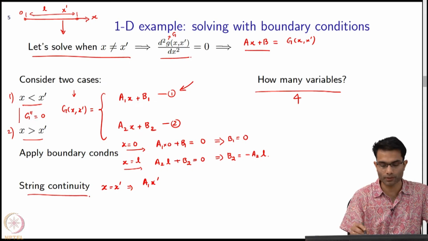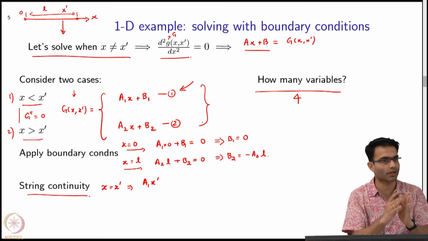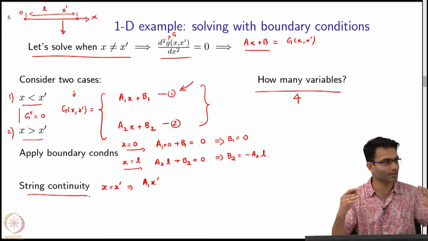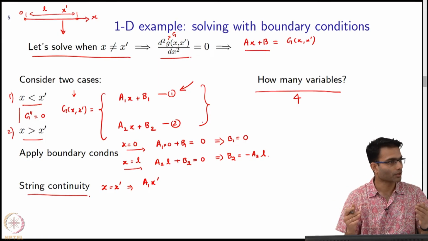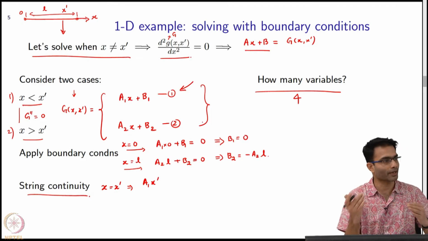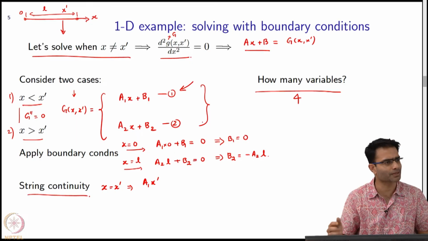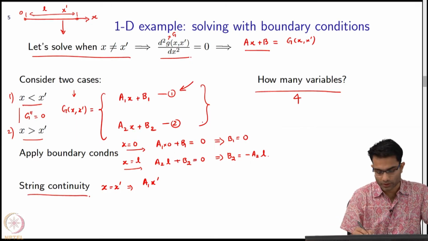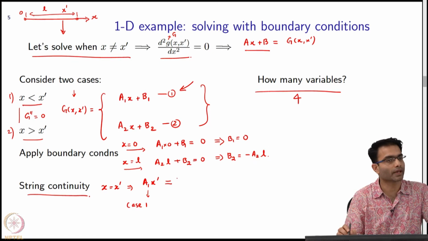Yeah, but we are trying to get at continuity. We used x not equal to x prime to derive these over here, but whatever solution I get, let us say just to the left of x prime and just to the right of x prime, right, there is a string that is coming, it can't suddenly shoot up, right, it is a string, it can't break. So, these left limit and right limit I am going to set to each other, so that I get a continuous function, basic definition of continuity. So, that is the left hand side, right, this is from case 1, and that should be equal to the right limit.